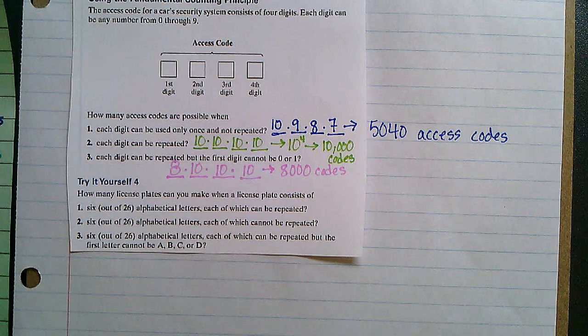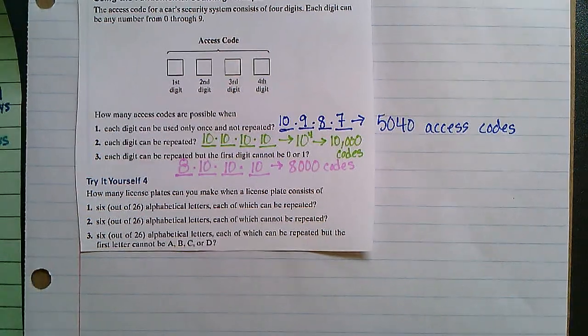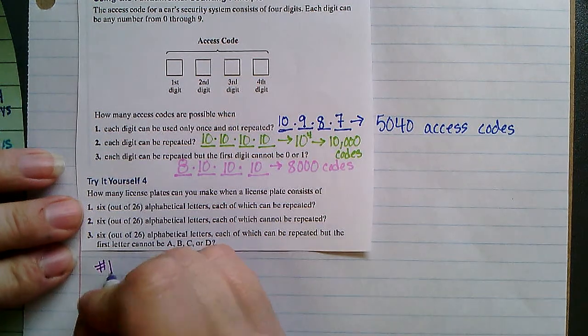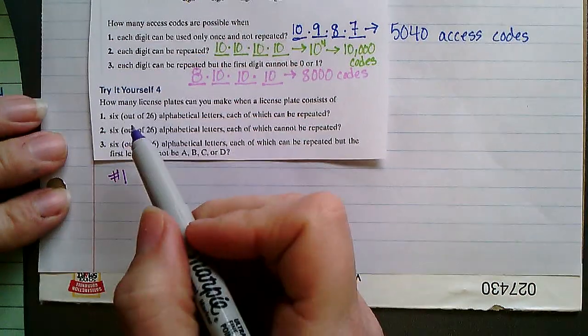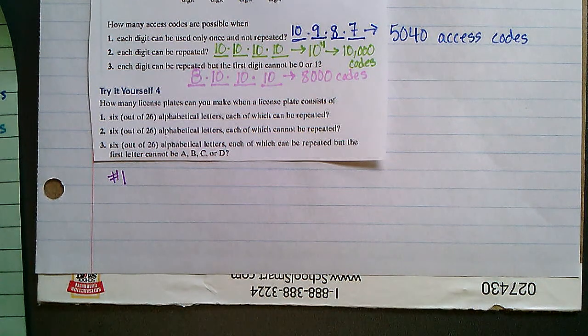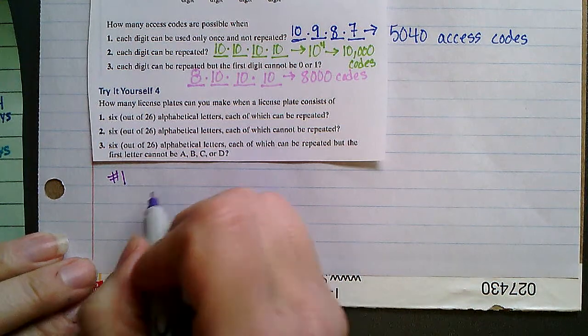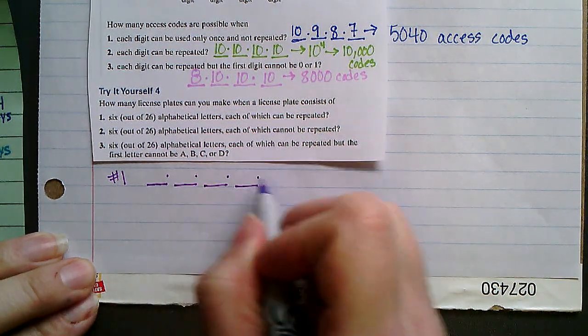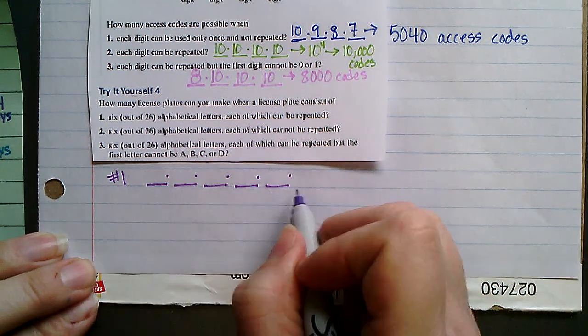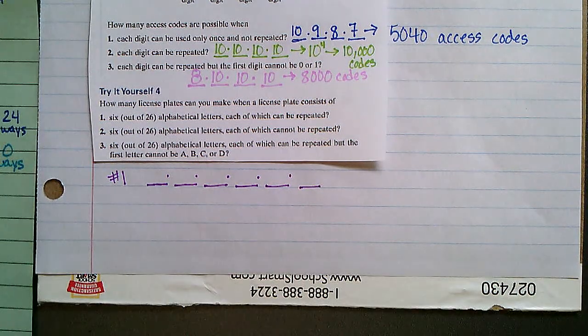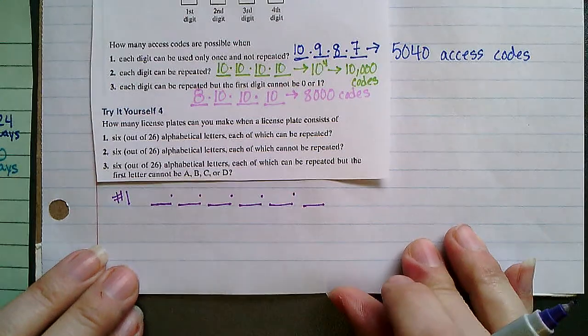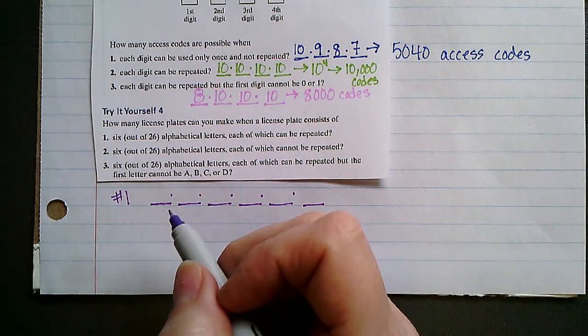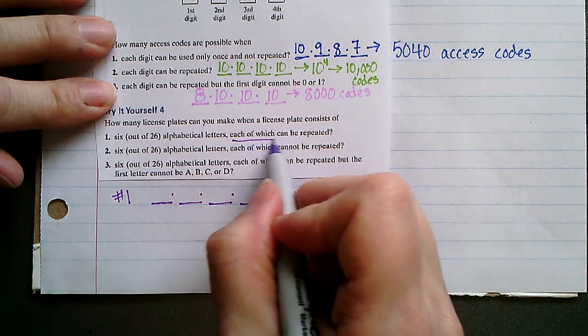Let's do some with license plates. So number 1, how many license plates can you make when a license plate consists of 6 alphabetical letters, each of which can be repeated? So I'm going to have 6 spaces on my license plate. 1, 2, 3, 4, 5, 6. And each of those spaces is going to be a letter from the alphabet, and they can be repeated.